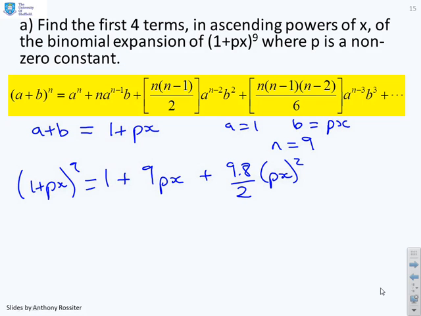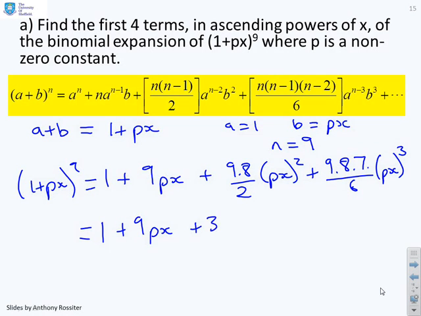So we need to do the next one. So you're going to get (9 times 8 times 7 over 6)(px)^3. Okay? And of course, if you want those in simplest terms, you've got 1 + 9px + 36p^2 x^2 + 84p^3 x^3.